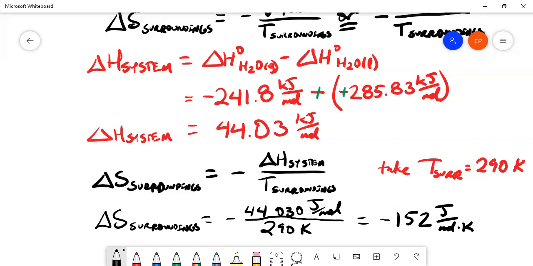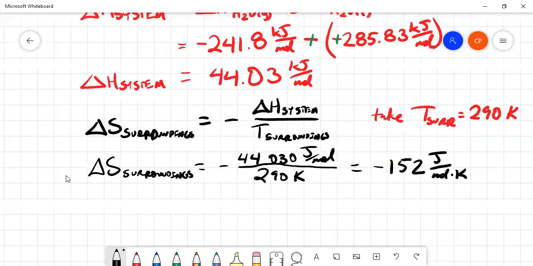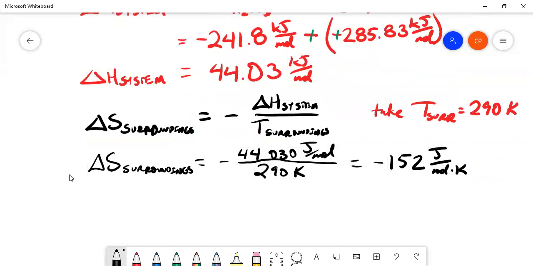Now, 17 degrees Celsius is a really typical temperature, particularly on a day like today, which is still not quite fully out of winter. It's a typical temperature of our DI water coming out of the tap. Do we expect the water we get coming out of the tap to readily evaporate, especially when it comes out of the tap relatively cold? That doesn't seem like something that would readily happen. And it doesn't. Delta S of the universe turns out to be a standard for how readily a reaction like this will happen.